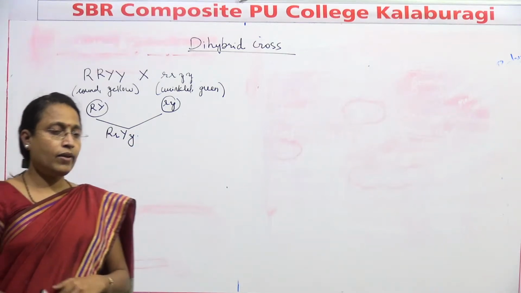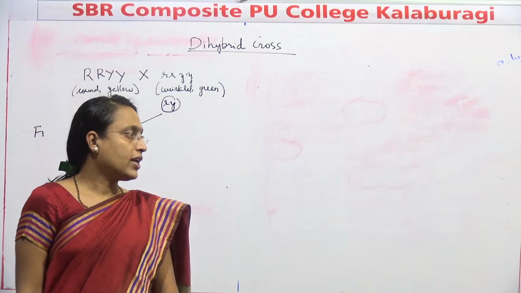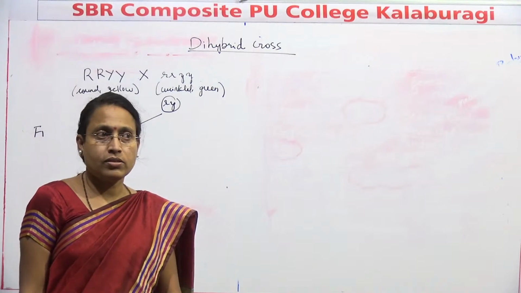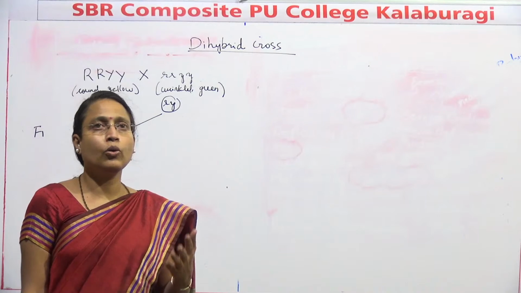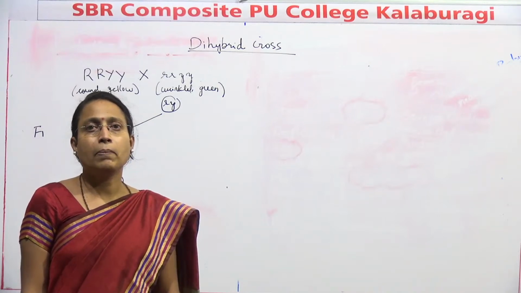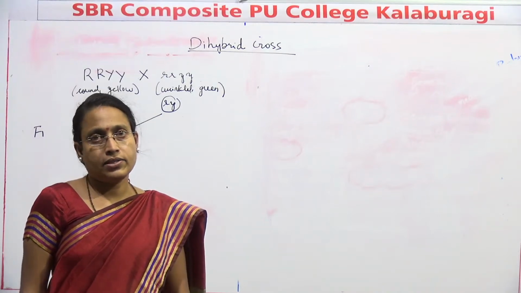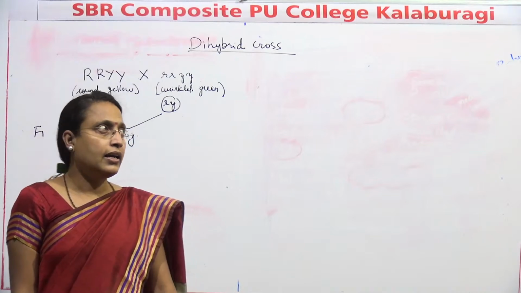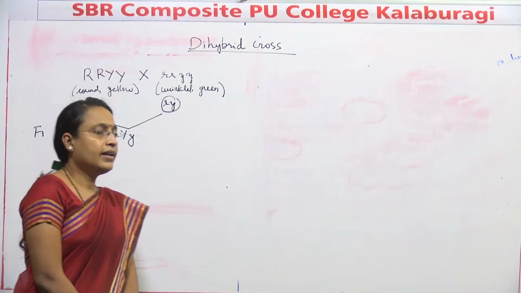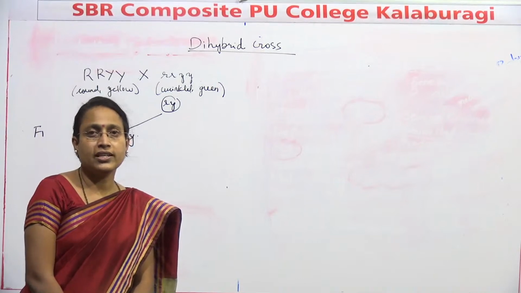And yesterday I also defined what a dihybrid cross is. That is a cross between two individuals that differ by two characters. Or you can say dihybrid cross also involves inheritance of two genes.